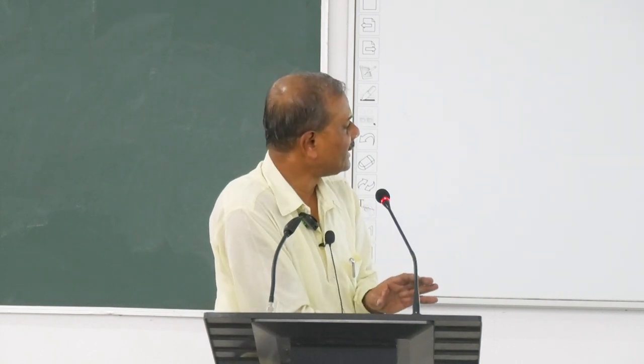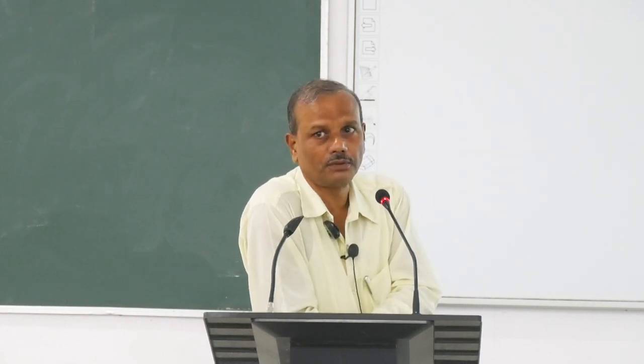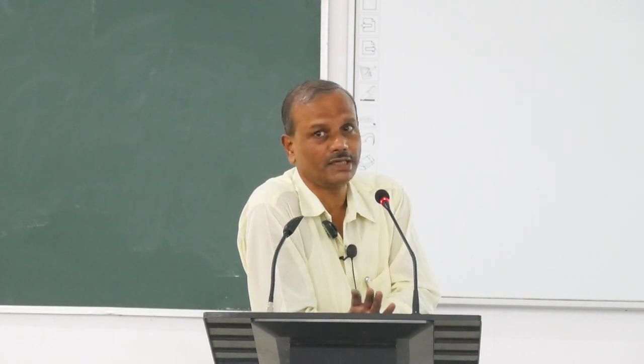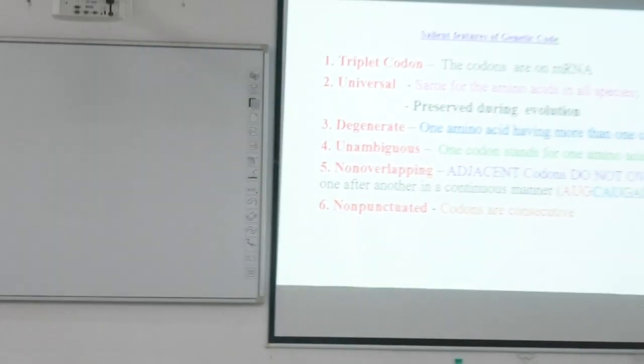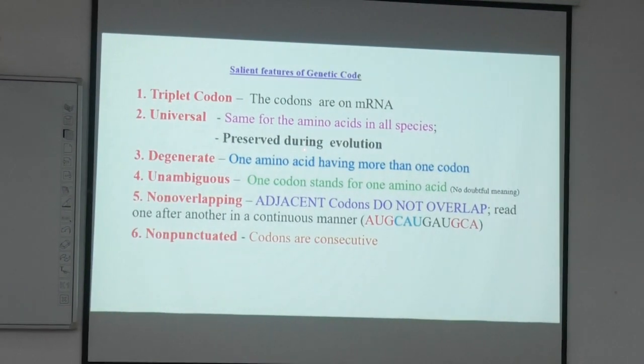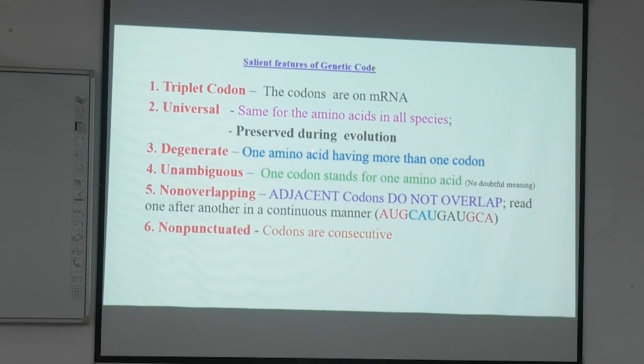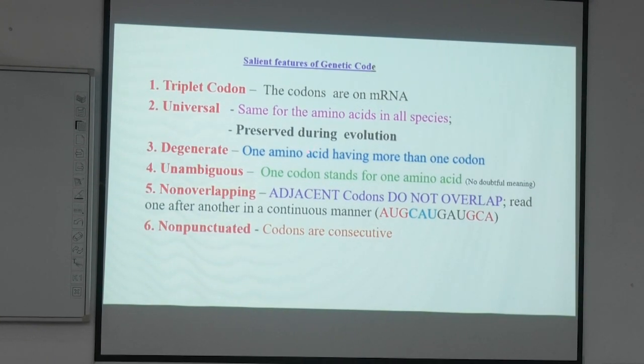So these are the salient features, the 6 points which are very important for the genetic code. One, it is a triplet codon. The codons are on the mRNA, not on the DNA. Universal: this is the same for all amino acids in all species. It is preserved throughout evolution. Our human body has evolved over crores of years.